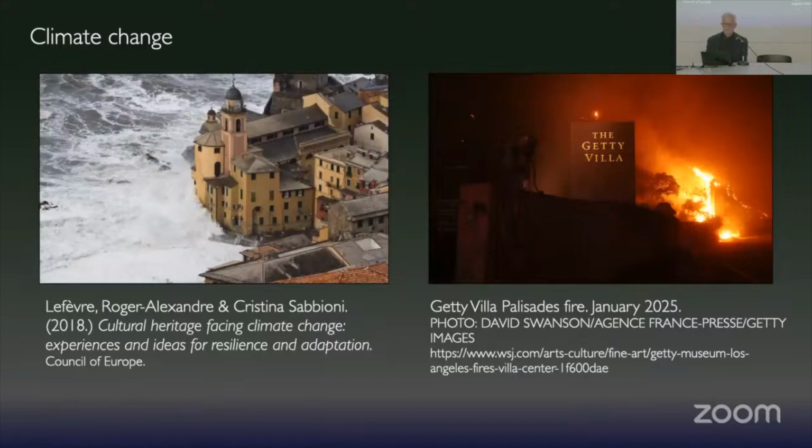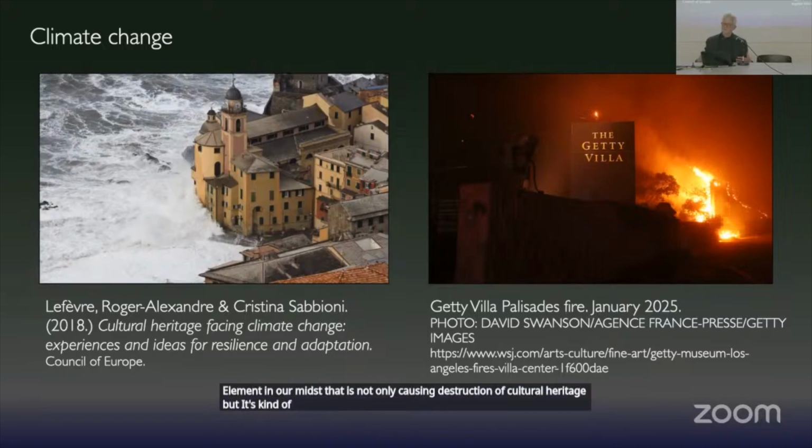Moving on, climate change, very much discussed, and I think it's increasingly the most challenging element in our midst that is not only causing destruction of cultural heritage, but this kind of deep anxiety about what the future of the earth holds.